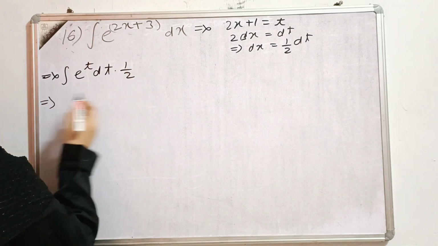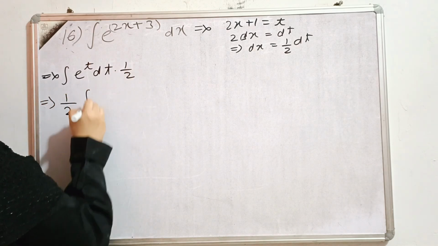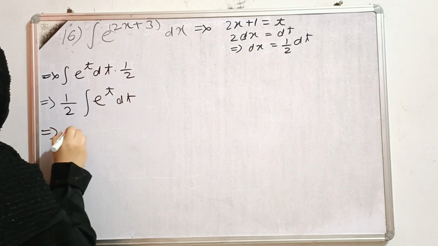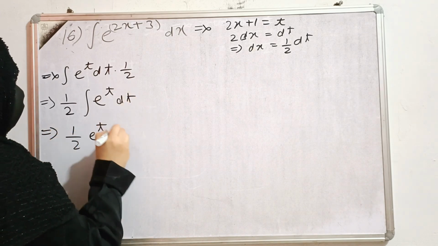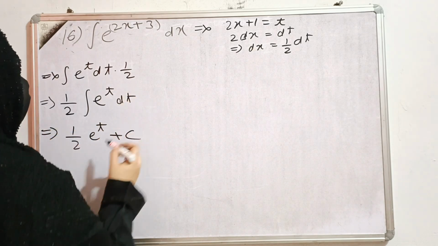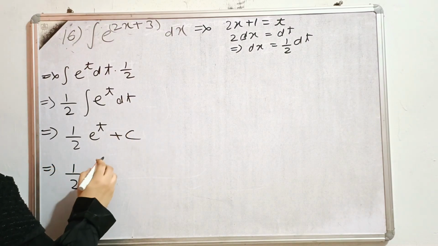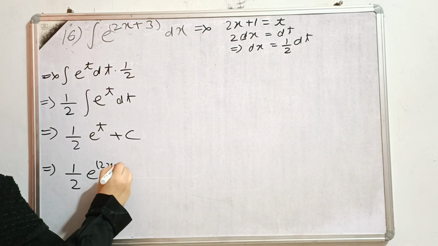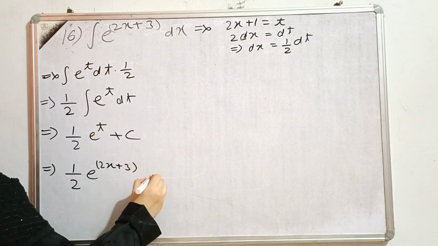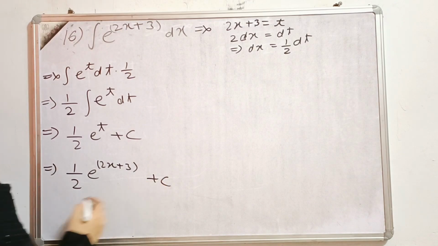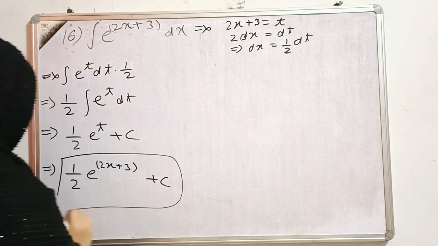So 1 upon 2 is a constant, we take it outside, and integration of e to the t dt is e to the t. So we get 1 upon 2 e to the t plus c. Now substituting the value of t, we get 1 upon 2 e to the power 2x plus 3 plus c. This is our final answer.